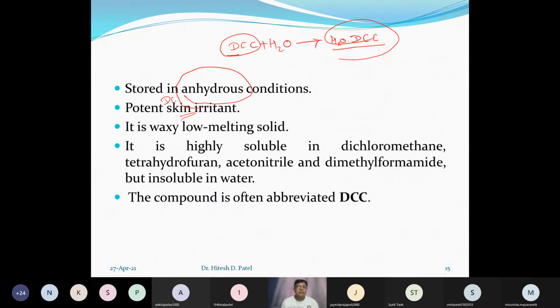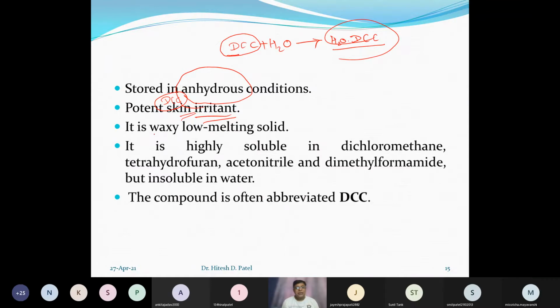When the moisture is absorbed by DCC from the cell, we feel skin irritation. It means tearing or rupturing of cells takes place, and we feel the irritation. So whenever we are handling or using this DCC, we have to wear hand gloves, and we should avoid its contact with the skin and other parts of the body.